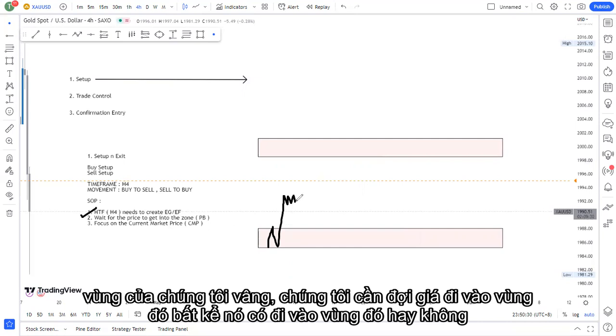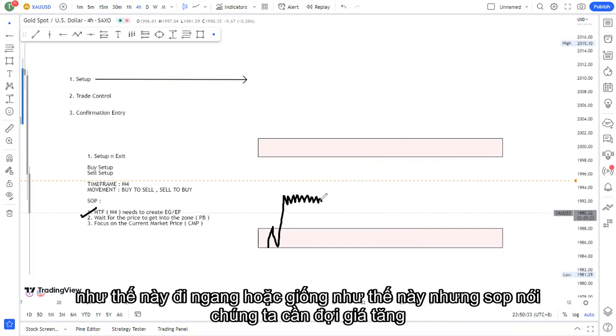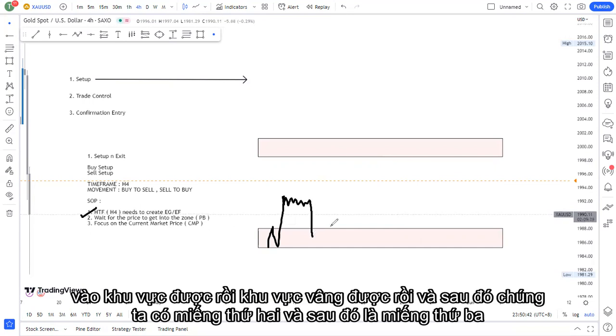No matter if it goes into the zone like this, sideways, or just like this, the SOP says we need to wait for the price to get into the 4-hour zone.